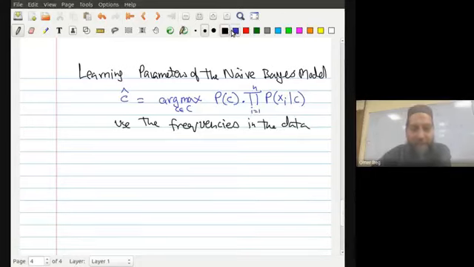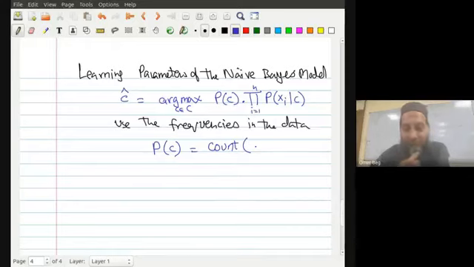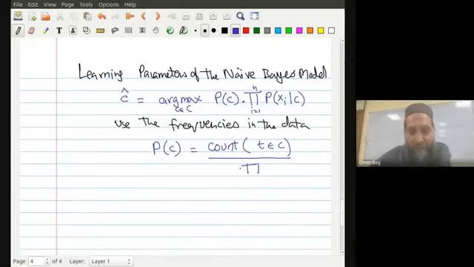So, which would mean we are trying to calculate the prior of some class, and we would count the number of texts with this particular class, that is, the count of texts belonging to this particular class C, divided by the total number of texts that we have.